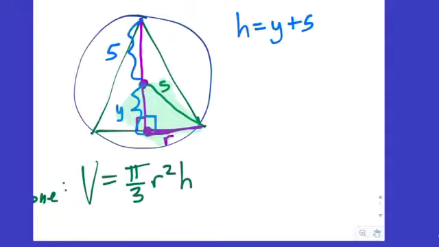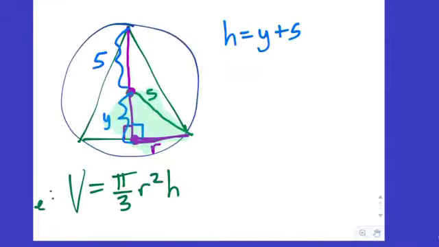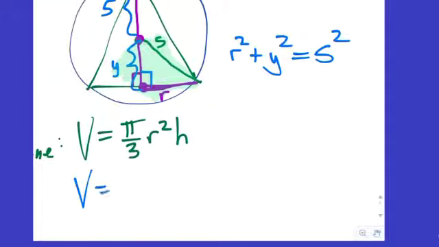So what's going to relate y to r to 5 now in a right triangle? Pythagorean theorem. Yeah. So by the Pythagorean theorem, we know that r squared plus y squared equals 5 squared. And if you want, before you get to the plug-in, you can make your volume, instead of h, y plus 5.